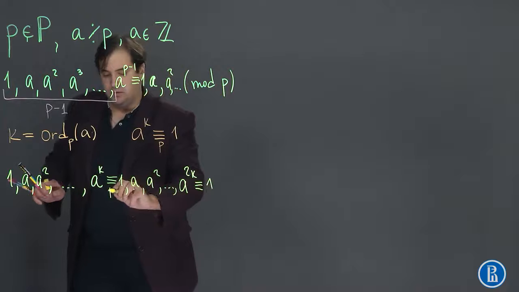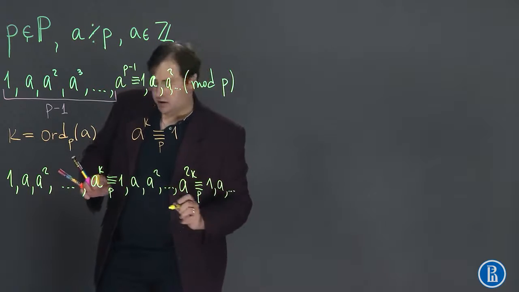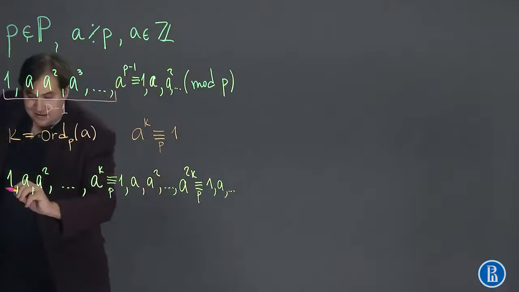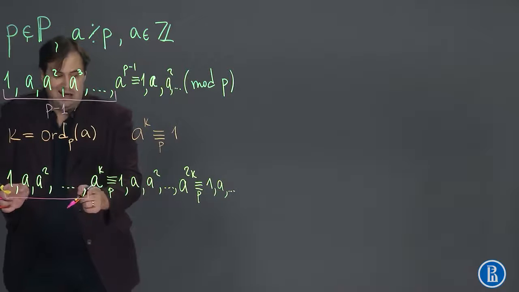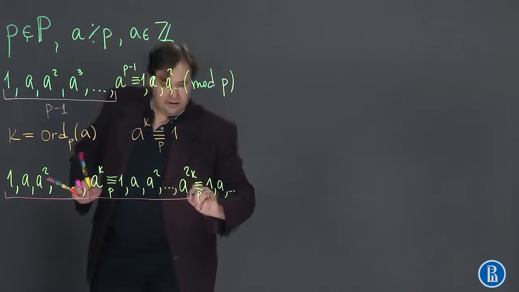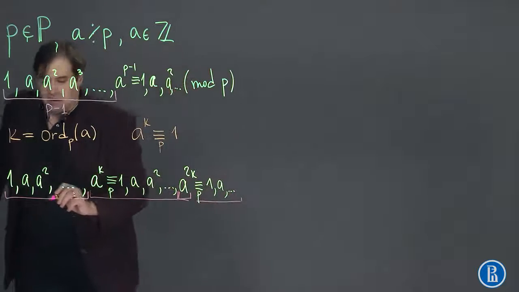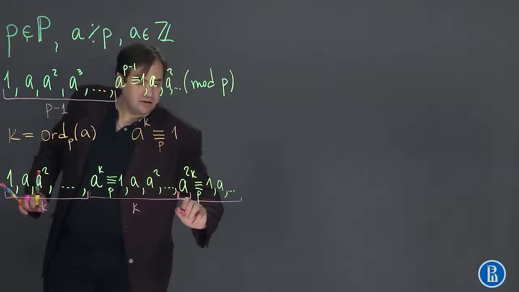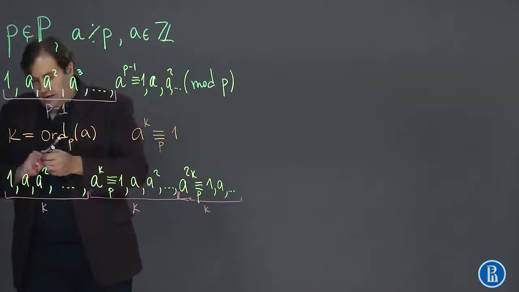Well, congruence modulo P, of course. And so on, and A square, and so on. And of course, we understand that now this is the repeating part of the sequence. So this is the same as the next part, and so on. So it consists of K elements, and K elements here, and K elements here, and so on.